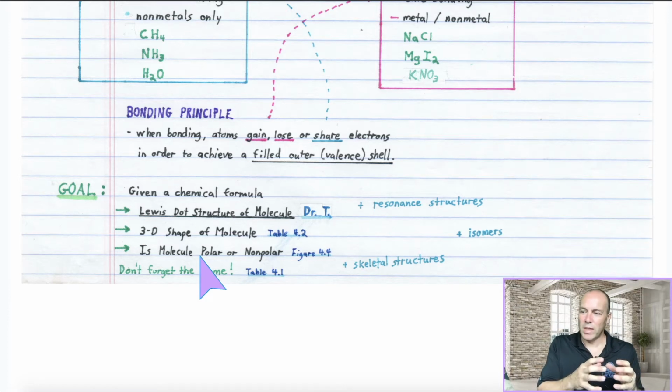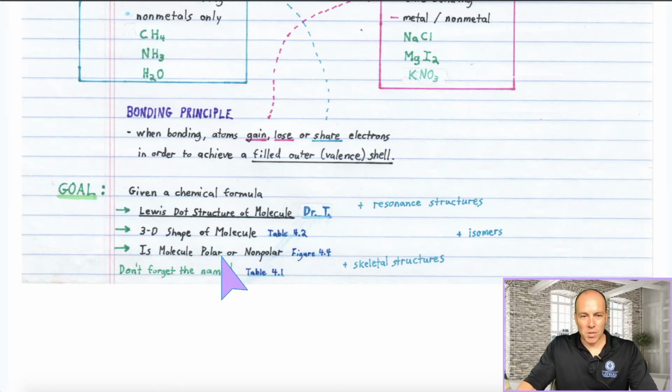And so when that happens, the side with more electrons is kind of more negative in charge, and the other side with less electrons is more positive in charge. And so we say the molecule is polar. And many molecules are polar and many are nonpolar. And so once you've achieved the first two steps, it'll be pretty easy to determine whether or not it's polar.